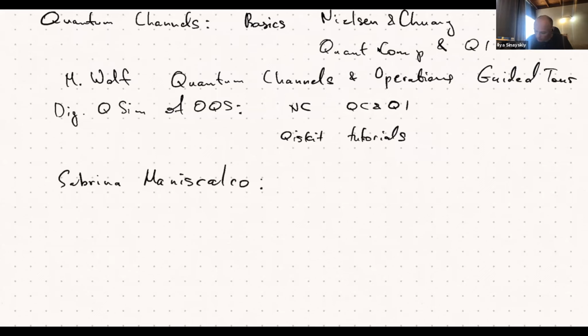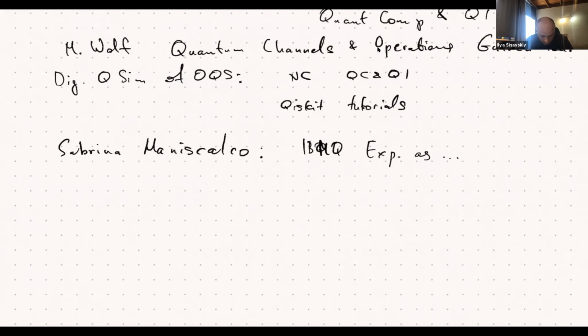It's called IBM Q Experience as a versatile testbed, and its arXiv identifier is 1906.07099. It's also published in the journal NJP Quantum Information, issue 6, page 1, in 2020.